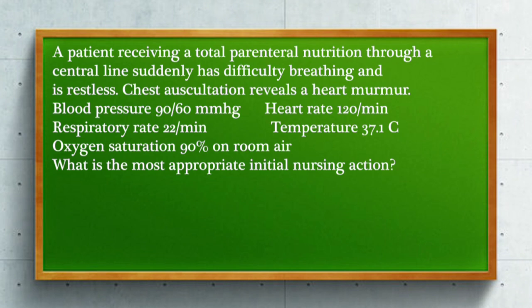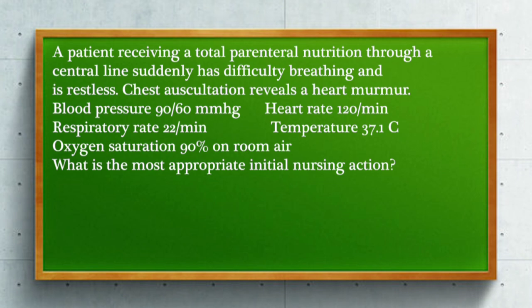Next question. A patient receiving total parenteral nutrition through a central line suddenly has difficulty breathing and is restless. Chest auscultation reveals a heart murmur. Blood pressure 90/60 mmHg, heart rate 120, respiratory rate 22, temperature 37.1 C, oxygen saturation 90% on room air.